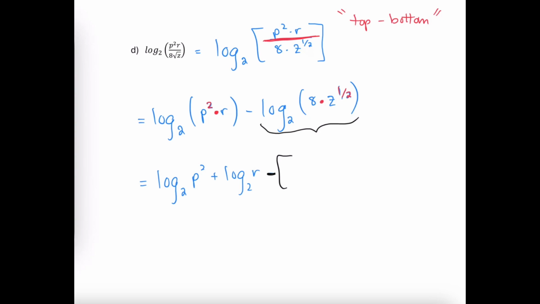So we do need to open up parens to encapsulate that expansion. And so this is going to be the log base 2 of the first factor, which is 8. And since it's a product, we're going to say plus the log base 2 of the second factor, which is z to the 1/2 power.